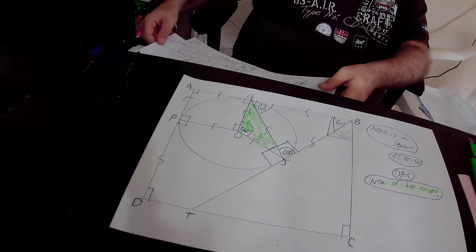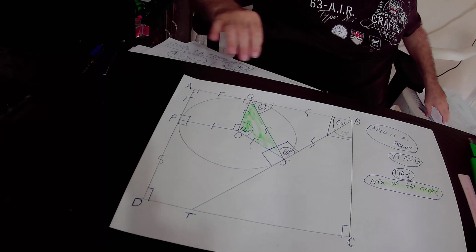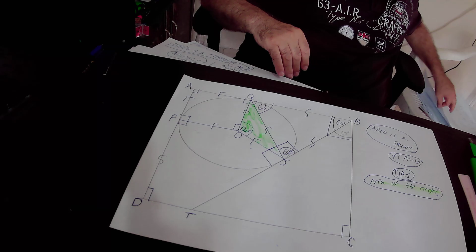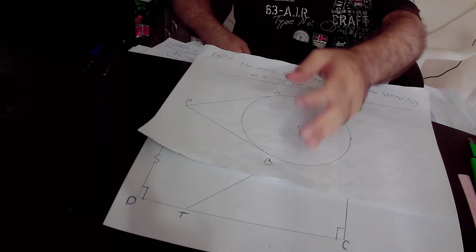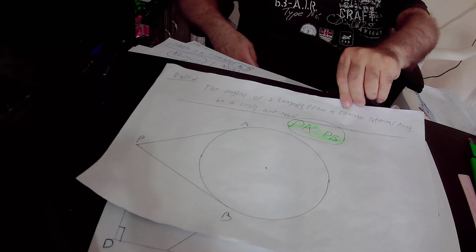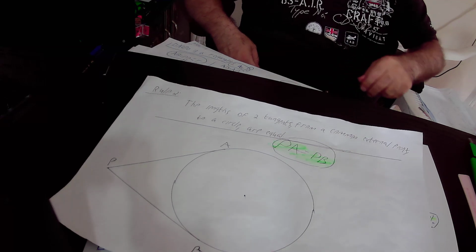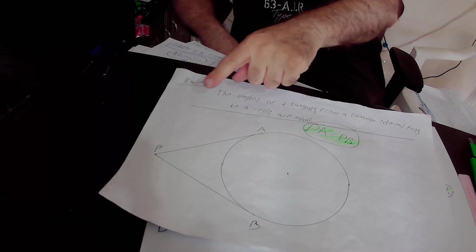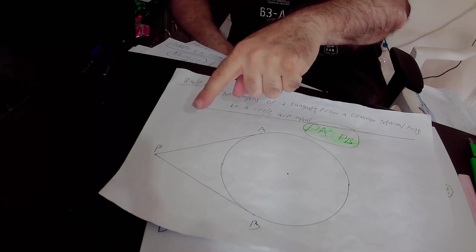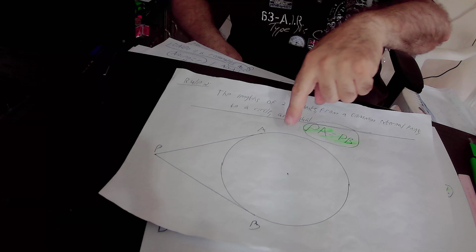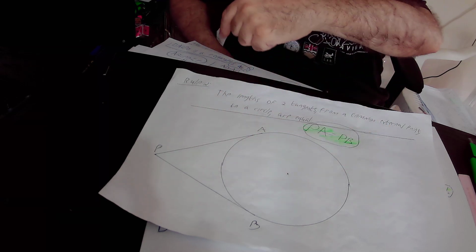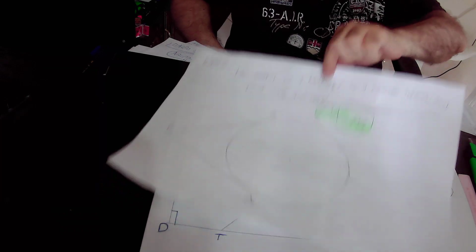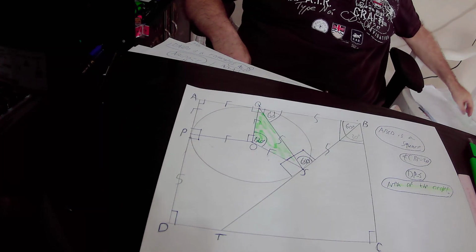Then I presented to you rule number 2. And we implemented rule number 2 in our drawing. According to rule number 2, the lengths of two tangents from a common external point to a circle are equal. We have the common external point P. From the common external point P, we have two tangents to the circle, tangent PA and tangent PB. And according to this rule number 2, PA equals to PB. We can implement rule number 2 in our drawing.